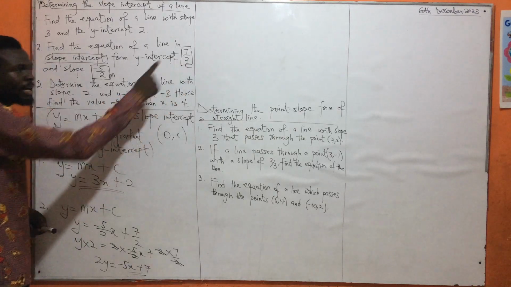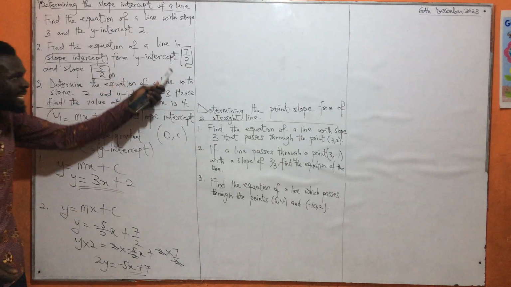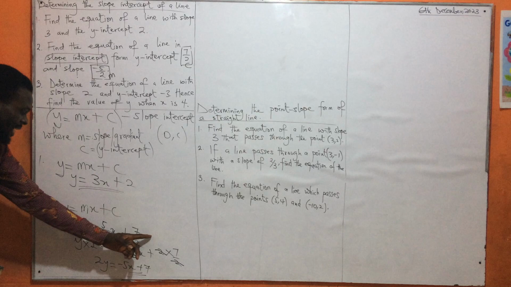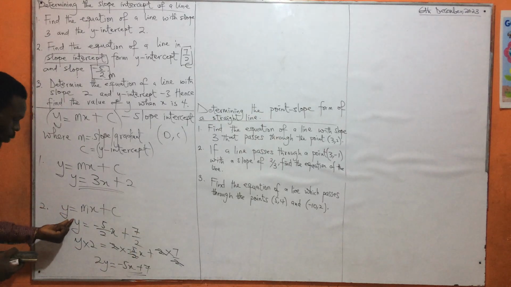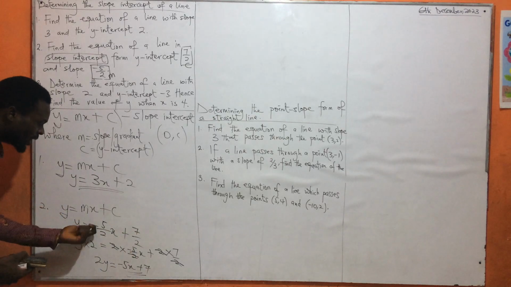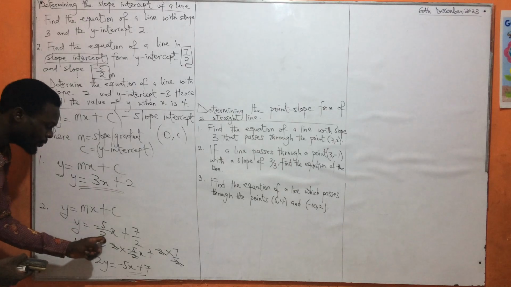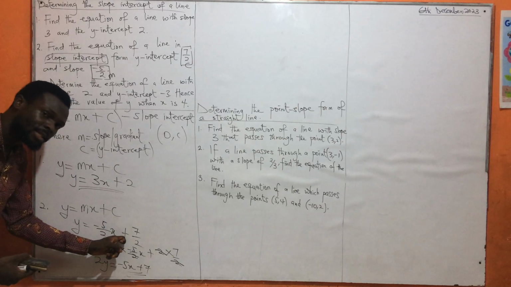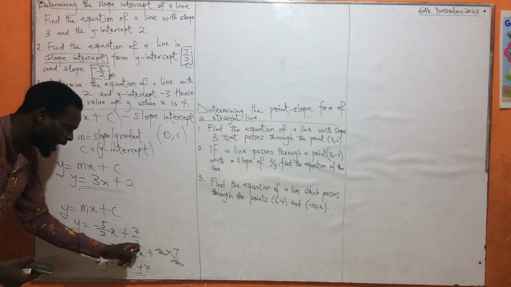The c is 7 over 2. Now this gives me the equation as y is equal to negative 5 over 2x plus 7 over 2.